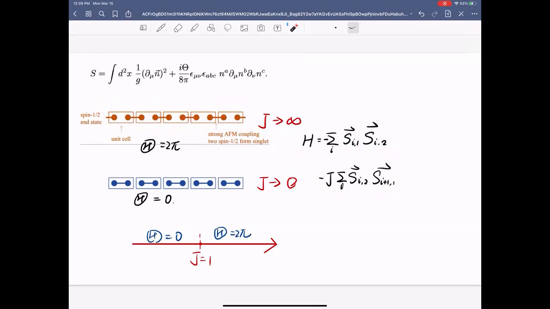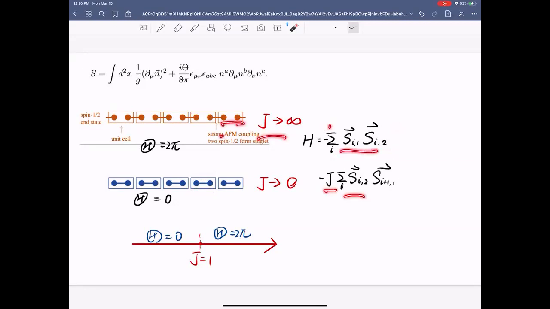This is what we know as the ground state of the Haldane chain with a free spin-1/2 edge mode. It can be written as a topological nonlinear sigma model with an O(3) theta term where theta equals 2 pi. The second term is an antiferromagnetic interaction between the two spins living inside the same unit cell. When J is large, we are in the Haldane chain limit.